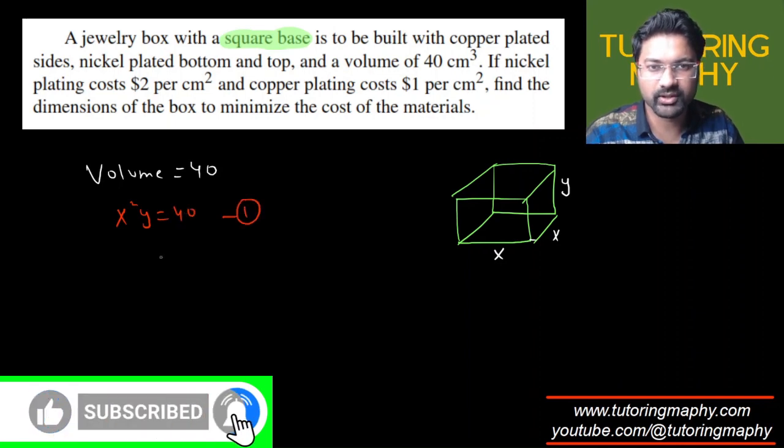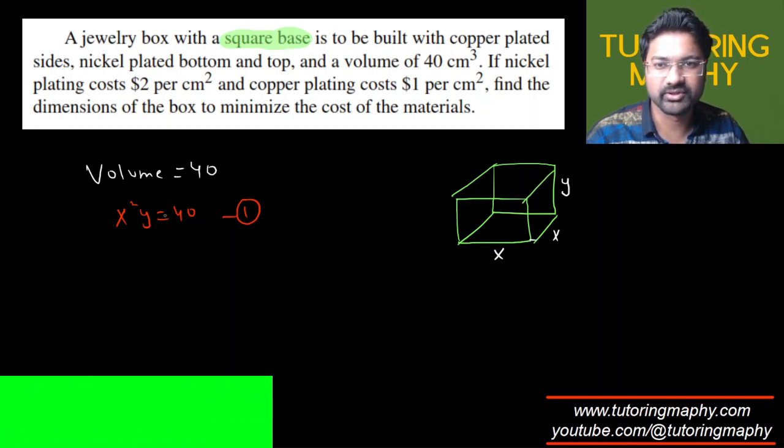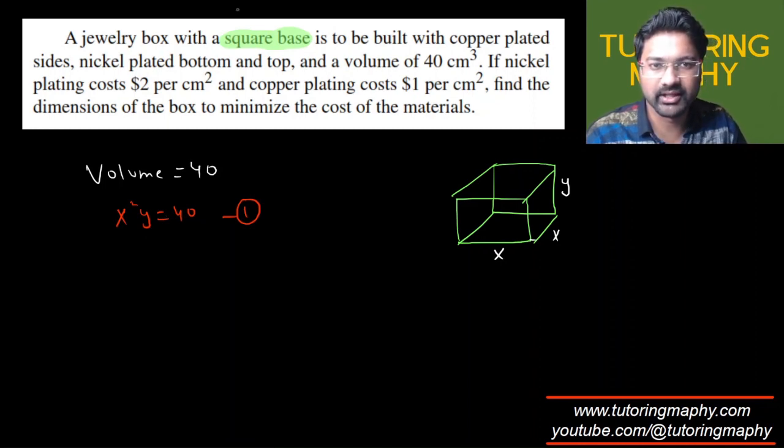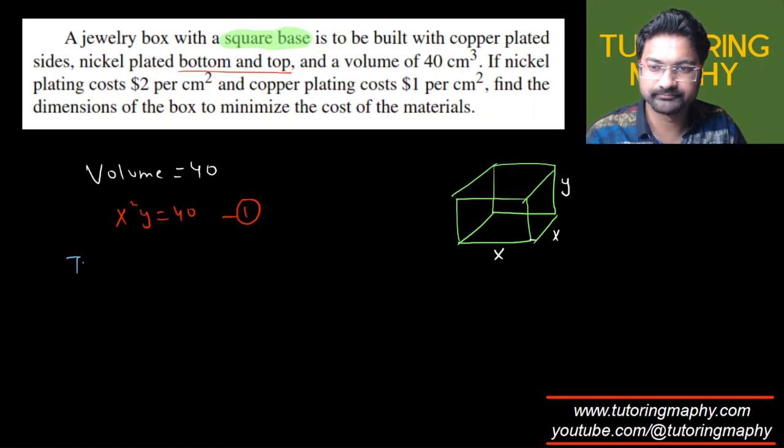That's equation number 1. And if nickel plating costs $2 per centimeter squared, and nickel is where? Nickel is at the bottom and top. So what is the bottom area? x squared. Top area? x squared. So what is the area of the top plus bottom? x squared plus x squared, which is 2x squared.